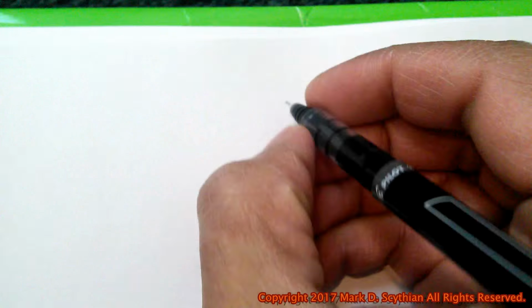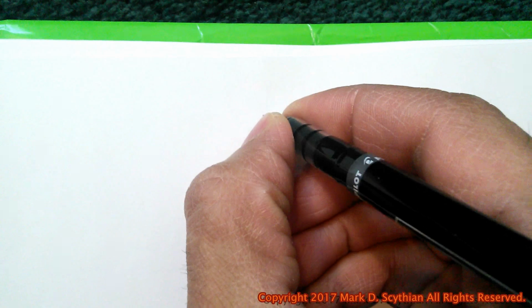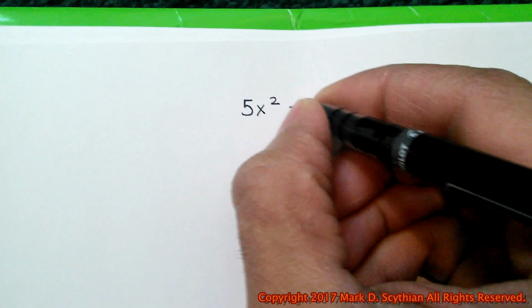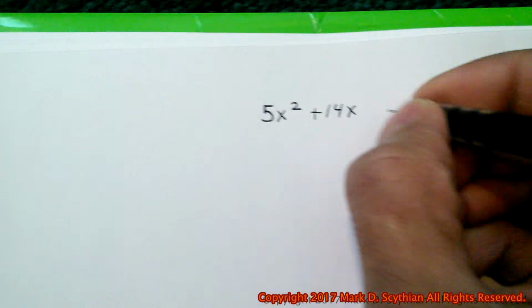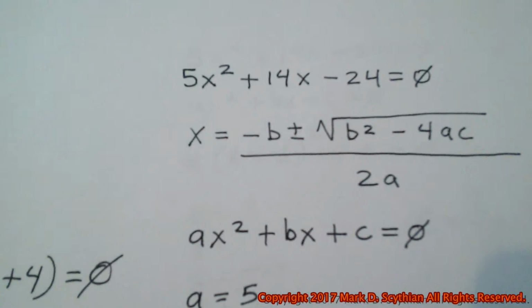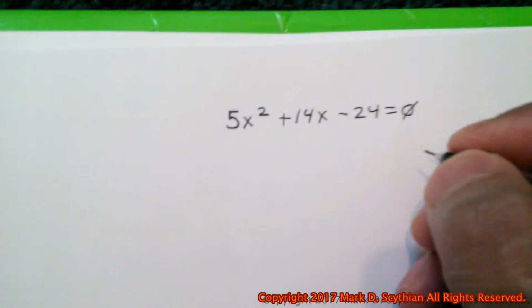So we'll use the same quadratic equation as last time. 5x squared plus 14x minus 24 is equal to 0. So we confirm this is the same one.